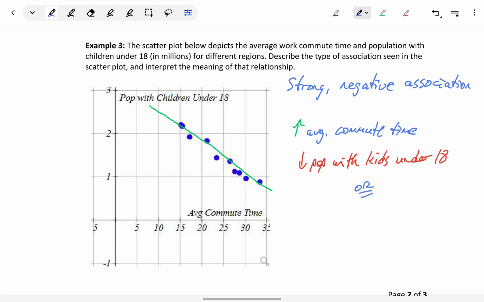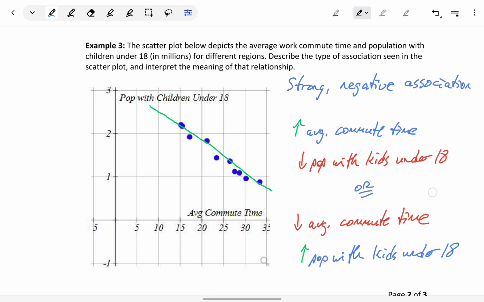Or flipping those directions around, if we see an area with a lower average commute time, or as the average commute time decreases, then we see an increase in the population with kids under 18. So the negative association means that those two variables change in the opposite direction. As one increases, the other decreases, and we can flip that around.